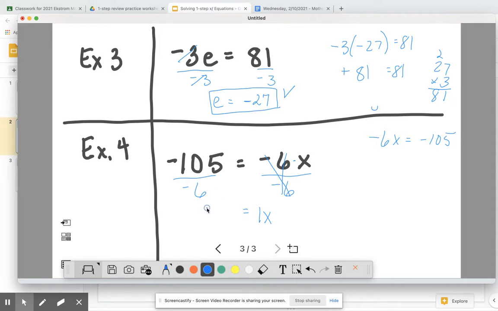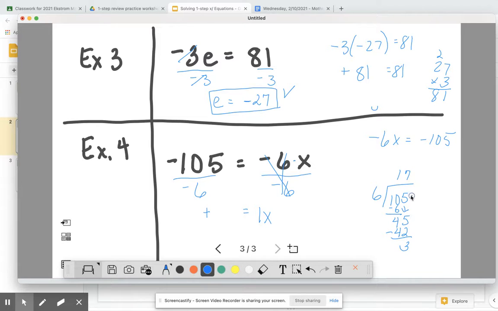Well, I know that's going to give me a positive, and I'm going to do the division out over here. 6 goes into 1. It doesn't, but it goes into 10 once. That gives me 6. Six goes into 45. That's going to be 7 times. That gives me a 42.